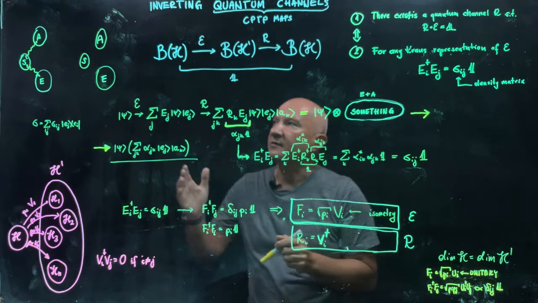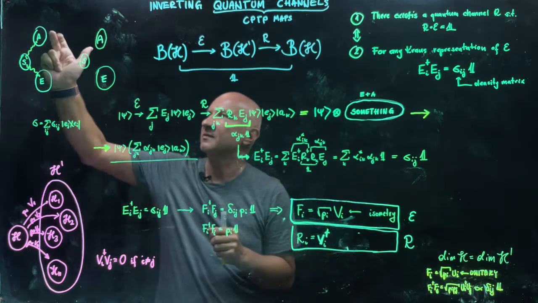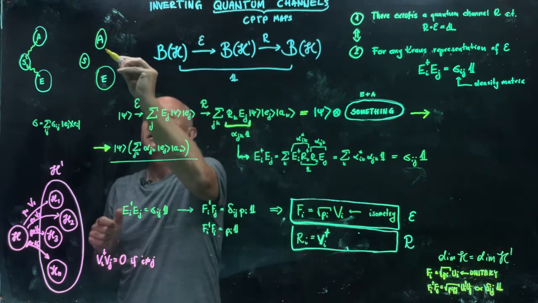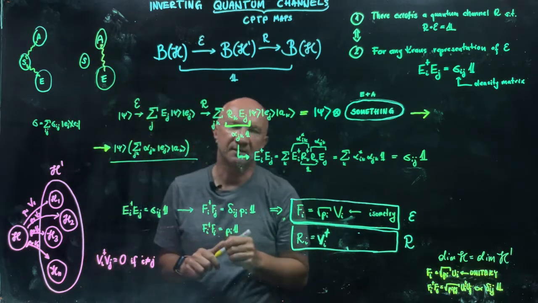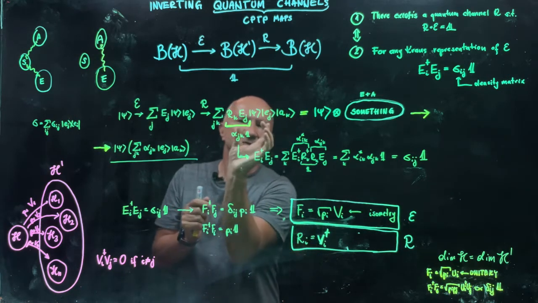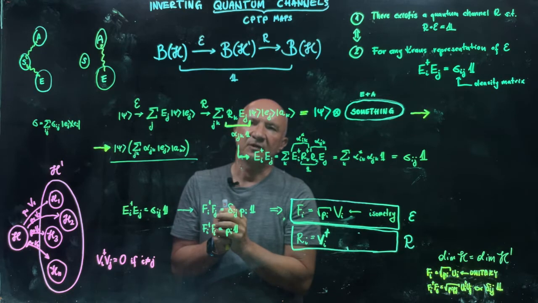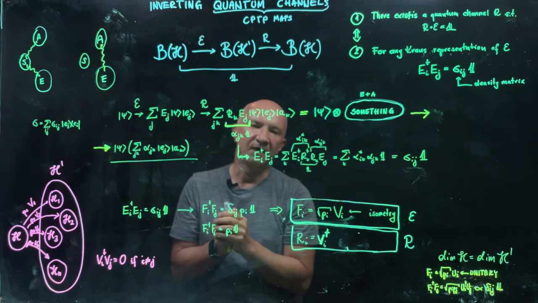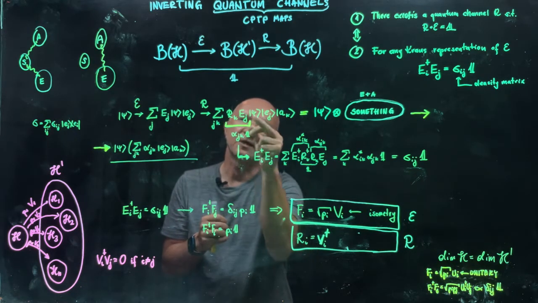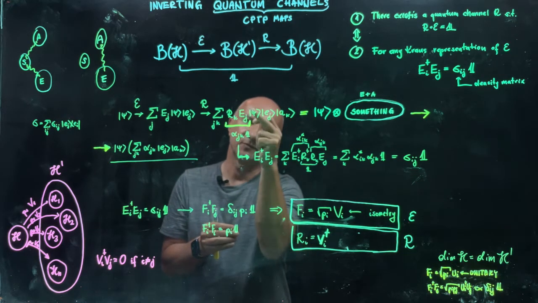So at this point we know that somehow the entanglement between the system and the environment is magically transferred to the entanglement between the ancilla and the environment. This is only possible if the action of this product of the Kraus operators associated with E and associated with R is proportional to the identity. So each term here should be proportional to the identity, because then you have a term that is proportional to psi.